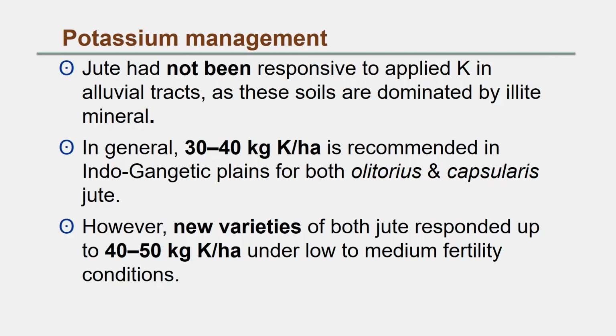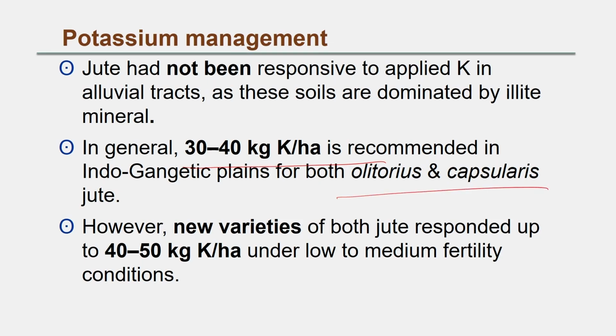Potassium management. Jute has not been responsive to applied K in alluvial tracts, as these soils are dominated by illite minerals, meaning they have a sufficient level of potassium. In general, 30 to 40 kg per hectare of K is recommended in the Indo-Gangetic plains for both Olitorius and Capsularis jute.